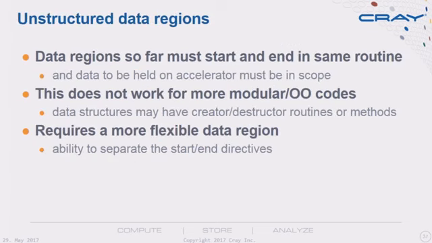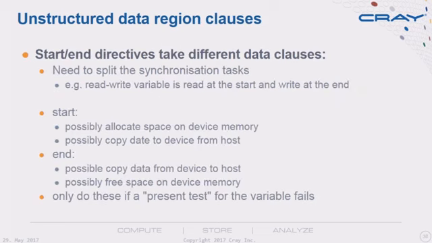That's what we can also do with the so-called unstructured data regions. There we can separate the beginning and the end of the data region in different parts of our code, so in different functions also.